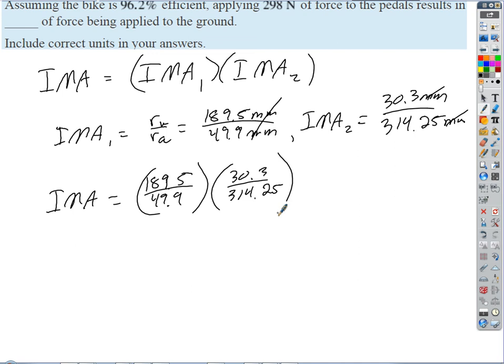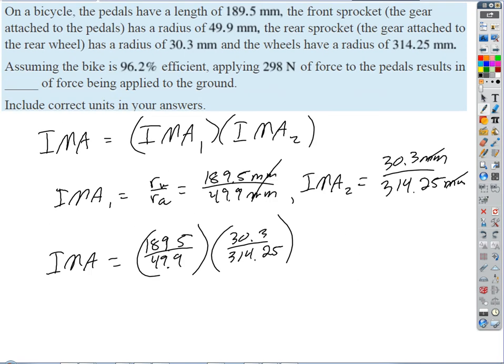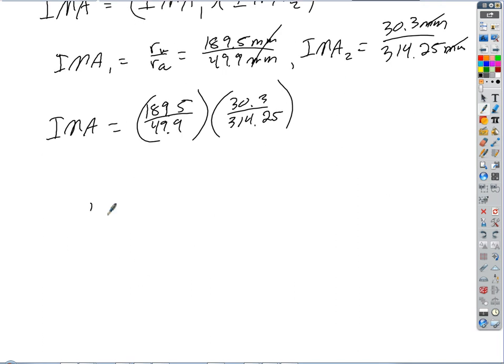Okay, so the mechanical advantage is just output force over input force, right? Input force is what we're applying to the pedals. Output force is what's being applied to the ground. That's what we're looking for. And so then we just end up with efficiency equals IMA over AMA, right?